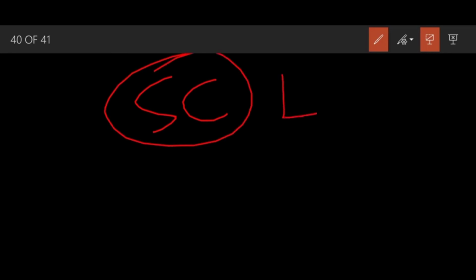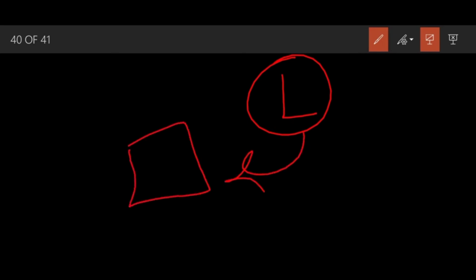Suppose you have hired a labor to make a box. Standard cost is a cost that you tell to the labor: I know that to make this box, the labor cost is 500.